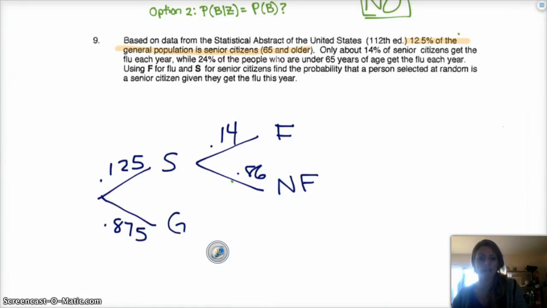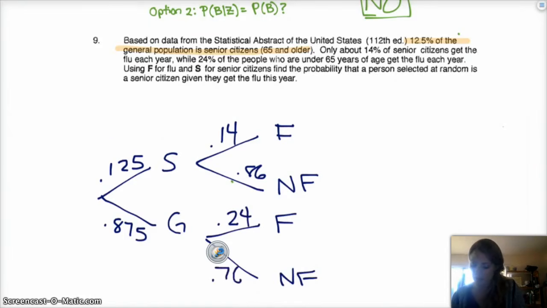And then it says 24% of the people under 65 get the flu. So from our general population, we have flu and no flu, 24% and 76% for no flu. Okay.